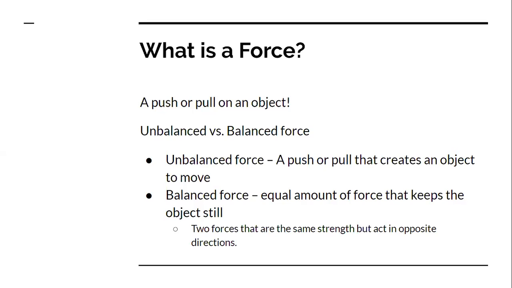For example, in tug of war, if one side has a lot of really strong people and the other side doesn't have many people, the side with more people will pull all those people on the other side. So that creates movement in the rope.